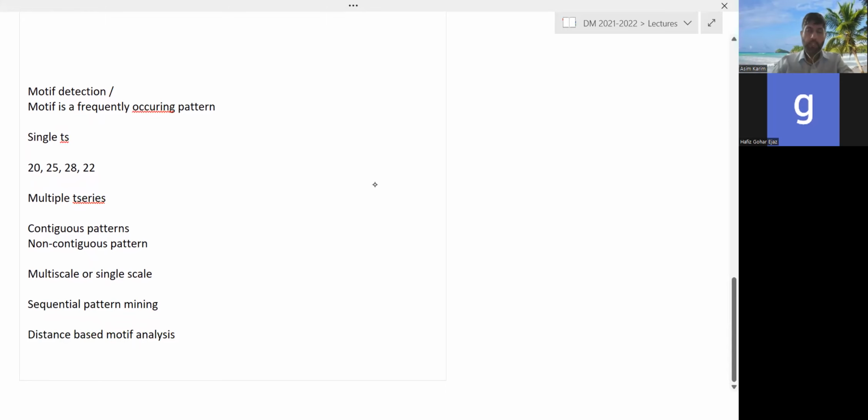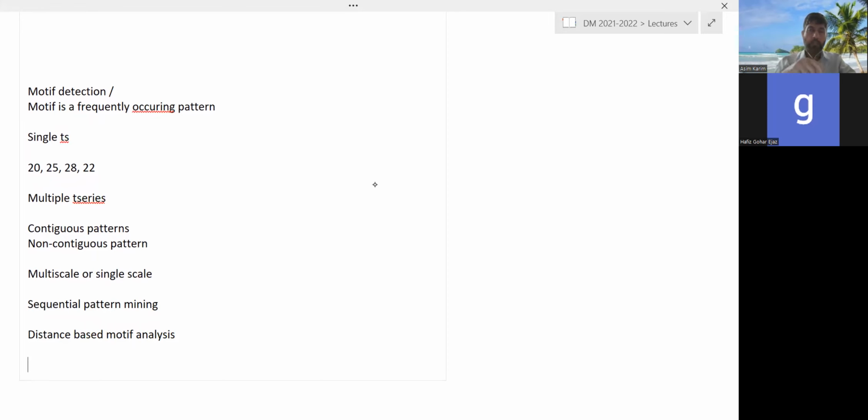Essentially, here we are matching the motif with the time series using a distance function or a similarity function. And we mentioned distance and similarity functions in the last lecture for time series.